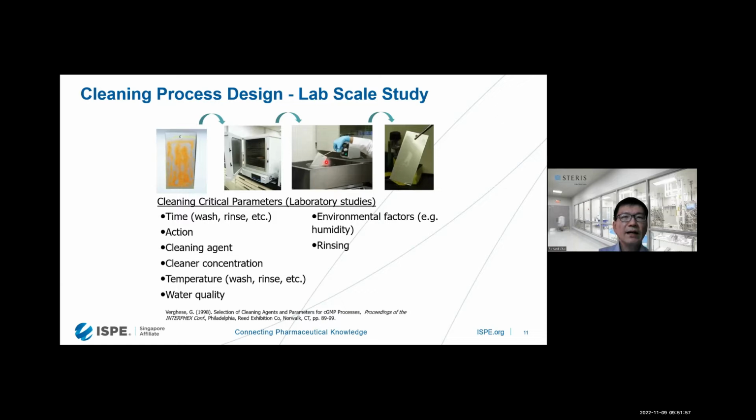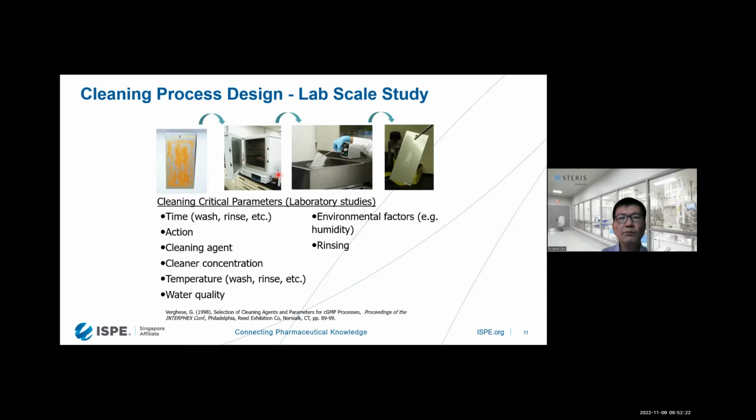Of course, in cleaning process design, lab scale study is very important to help you design and optimize the cleaning procedures and a set of parameters for achieving consistent cleaning results. Typically the lab scale studies involve coating the soil on coupons and then simulating the condition of the soil in the lab by using an oven.